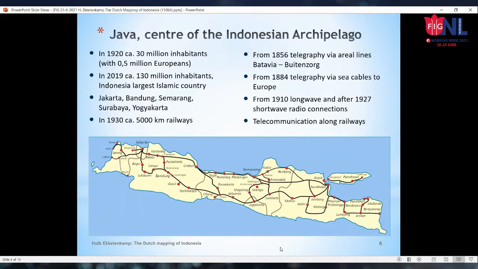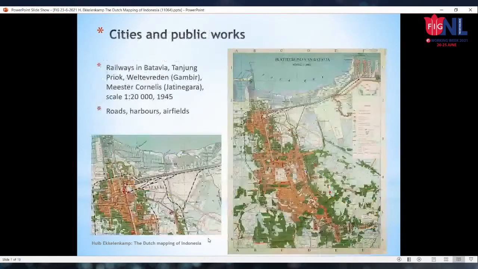And a lot of telecommunication went along railways, because then you could announce a train is coming, be aware. And so therefore the telecom network has a close relation with the railway network. And the railway was about 5,000 kilometers. It was bigger than in the Netherlands.